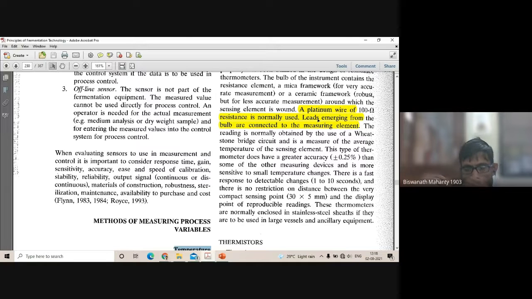We do not actually use the glass thermometer, right? Many of you have already seen the glass thermometer with mercury for temperature measurement. But that is not really accepted in fermentation. The reason is very simple. Many times the glass thermometer will break because the fermentation agitation is going on, right?